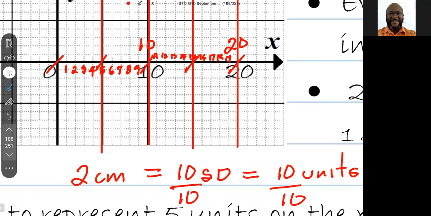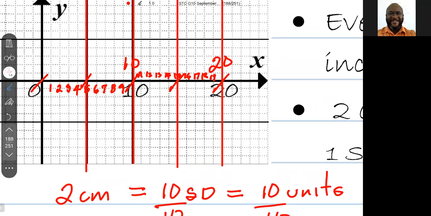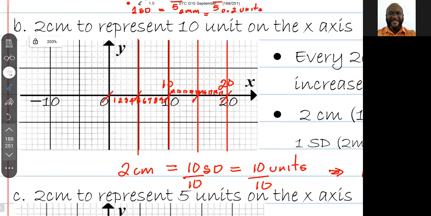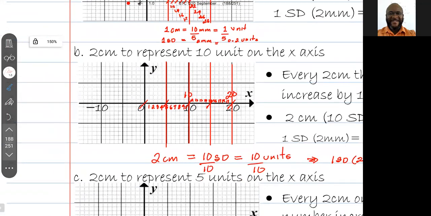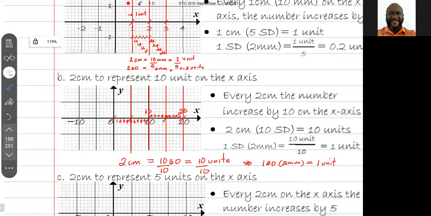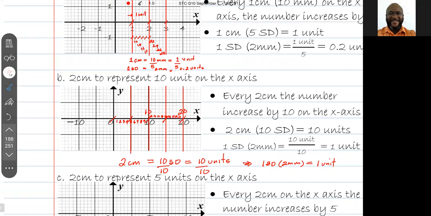So what I want you to pick up here is that if the scale changes, the value of each of the small divisions also changes. Let's have a look at another scale.